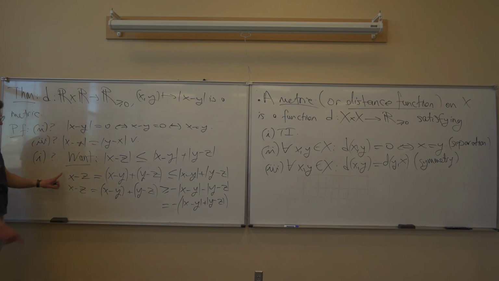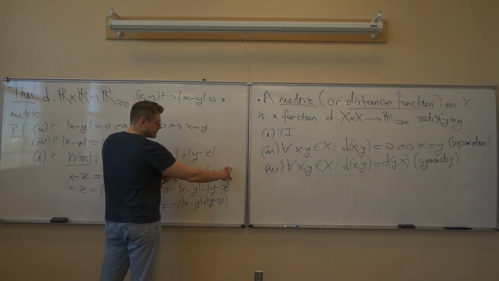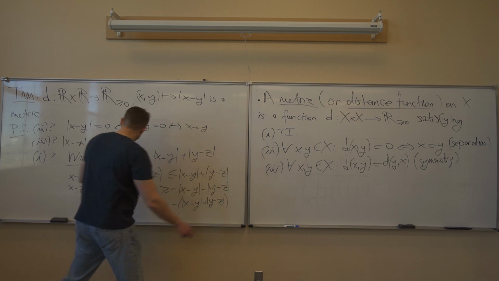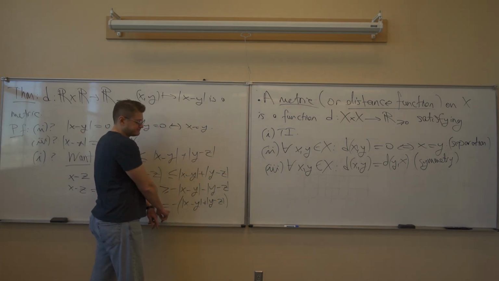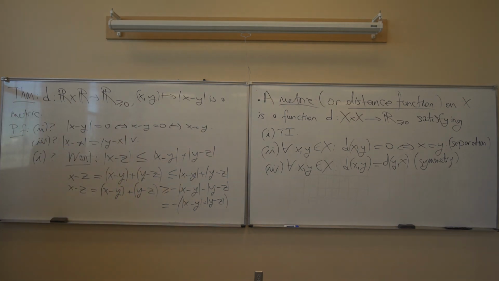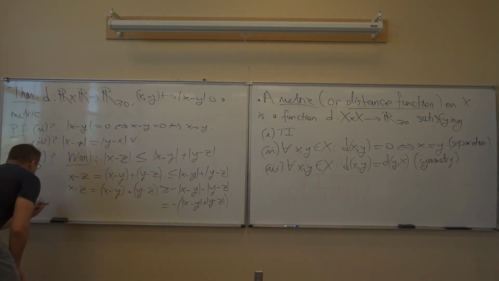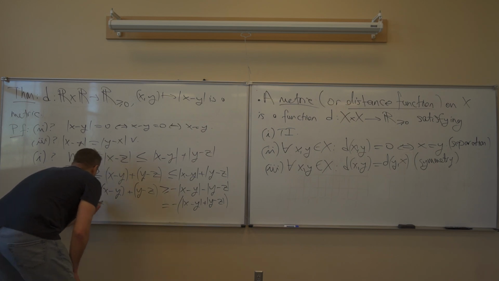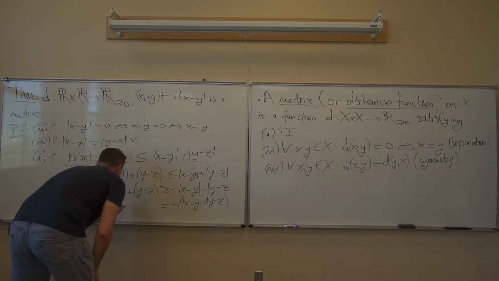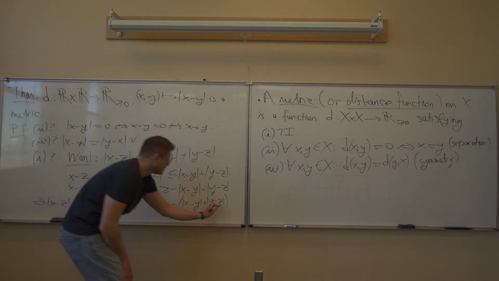Okay, what does this tell us? This tells us that this number is bounded from above by this non-negative number, and the same number is bounded from below by the same number with a minus. This is equivalent to saying that the absolute value of this is dominated by this guy. Okay, so it continues from here.